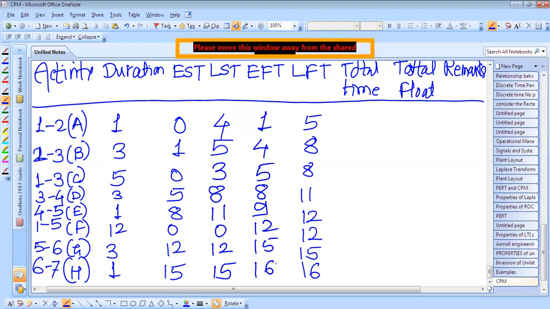Now we have to calculate the total time. How can we calculate the total time for this activity?